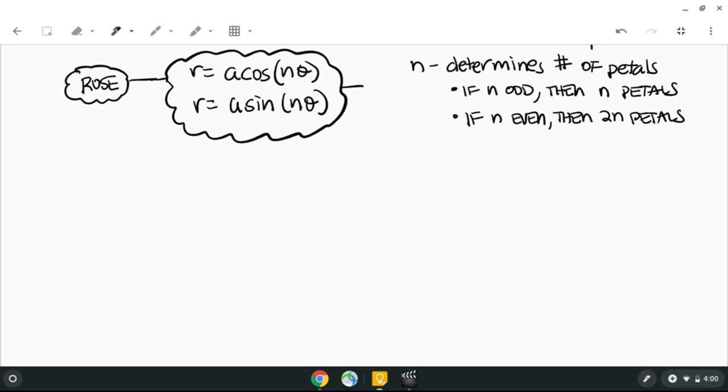If that said 4 theta, then you would have 8 petals. And then of course, a here would be your radius, the length of the petal. So that's why we look for the maximum length. We just need to know how many petals we have, and where they occur.